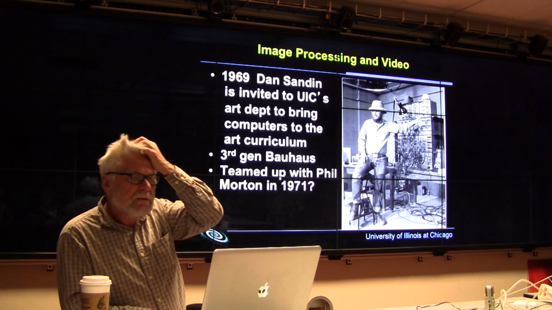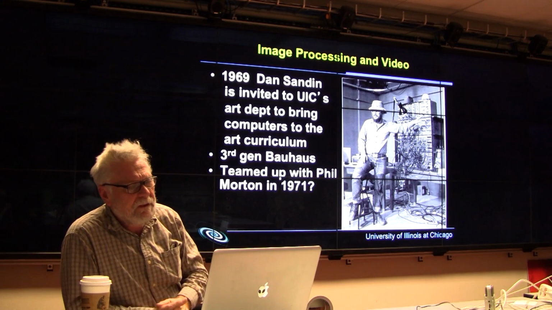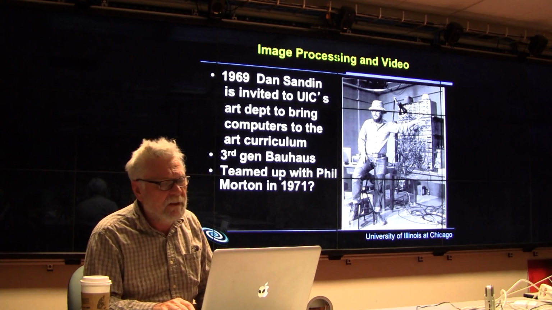So in '69, I was invited to come to UIC's art department and bring computers into the art curriculum, which again was pretty amazing because people are still arguing about it.